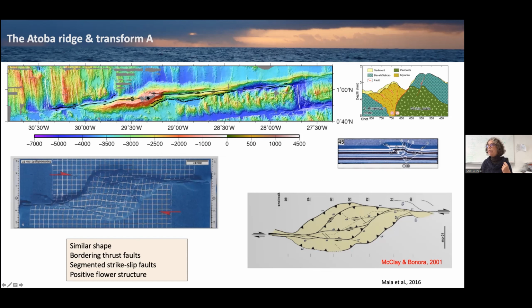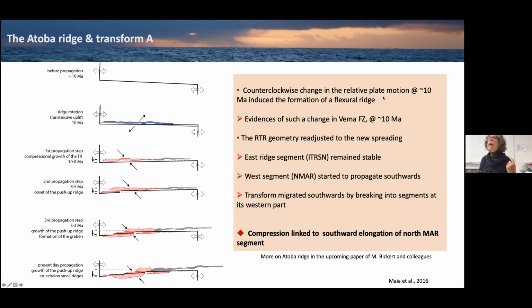So these positive flower structures are very, very similar to what we see in the seismic. So Atoba is a transpressive feature.